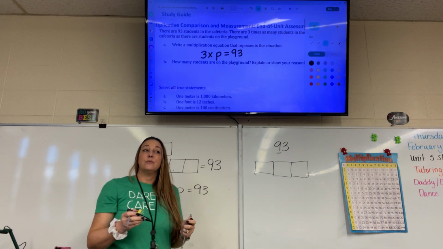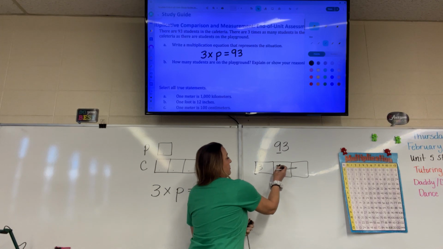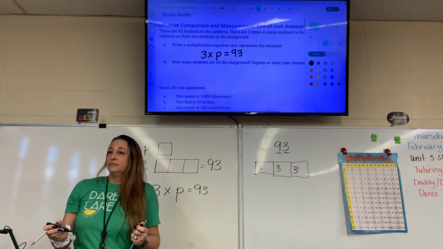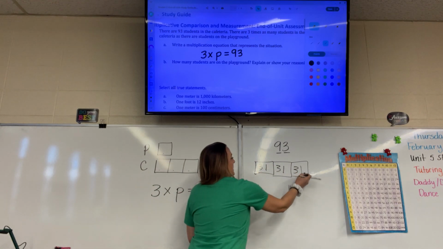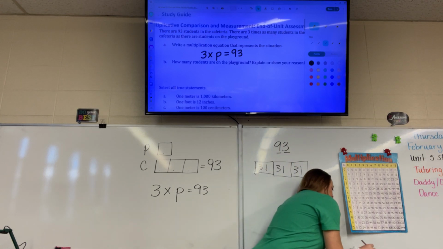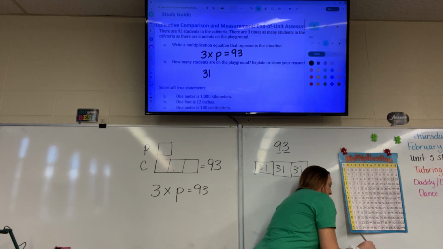Yes. What's 9 divided by 3? 3. So 3, 3, and 3. Can you divide 3 by 3? Yeah. What's that? 1. So guess what our answer is? 31. Okay, does that make sense? Yes. So there are 31 students on the playground.